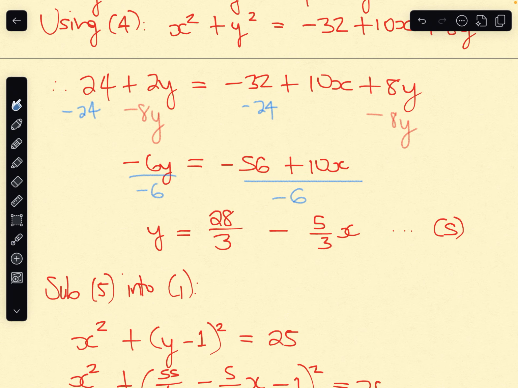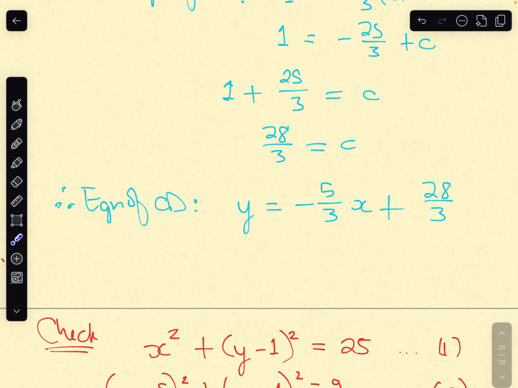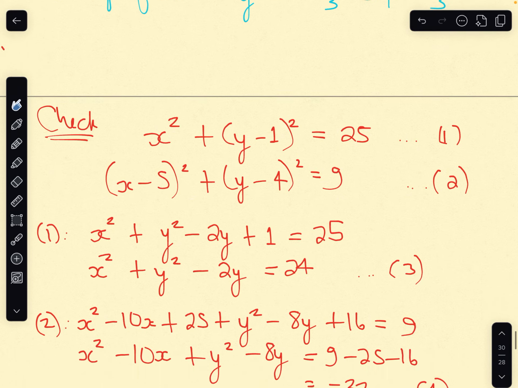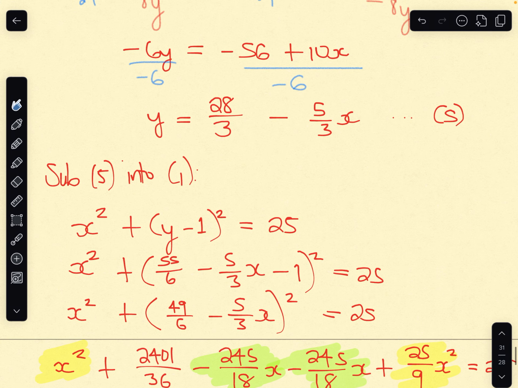Doesn't that look familiar? Have a look at our solution. Y is equal to 28 over 3 minus 5 over 3x. Oh my goodness. Anyway, so that's a lot more promising. So then we sub it back into the first equation, which was that.